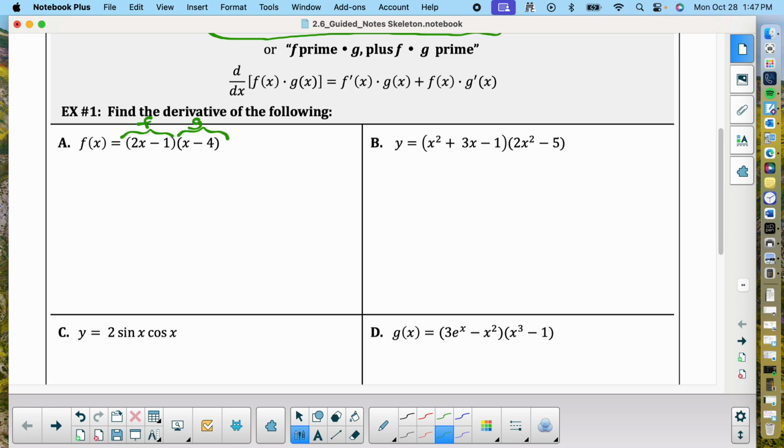Off on the side of the problem, we are going to find the 4 things we need before we write the answer. We're going to identify f, f prime, g, and g prime. After doing this a while, you're not going to need to write this down, you just do it in your head. But especially when we get to quotient rule, you're going to need these written down because you're going to need to refer to them.